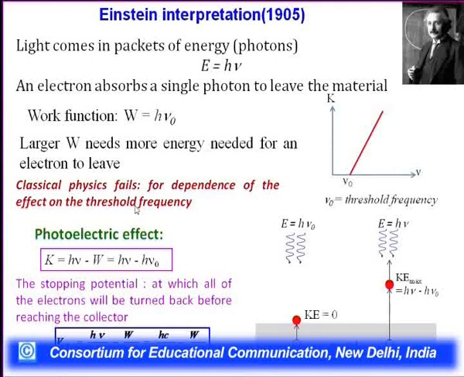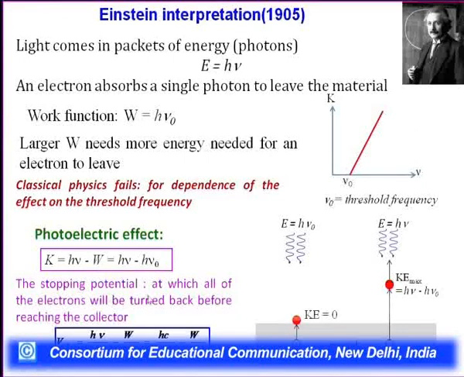Classical physics fails to explain the dependence on threshold frequency. Here nu naught is the threshold frequency, the frequency required to eject the electron from the surface. Then the photoelectric effect is defined by K equal to h nu minus W, which is h nu minus h nu naught.